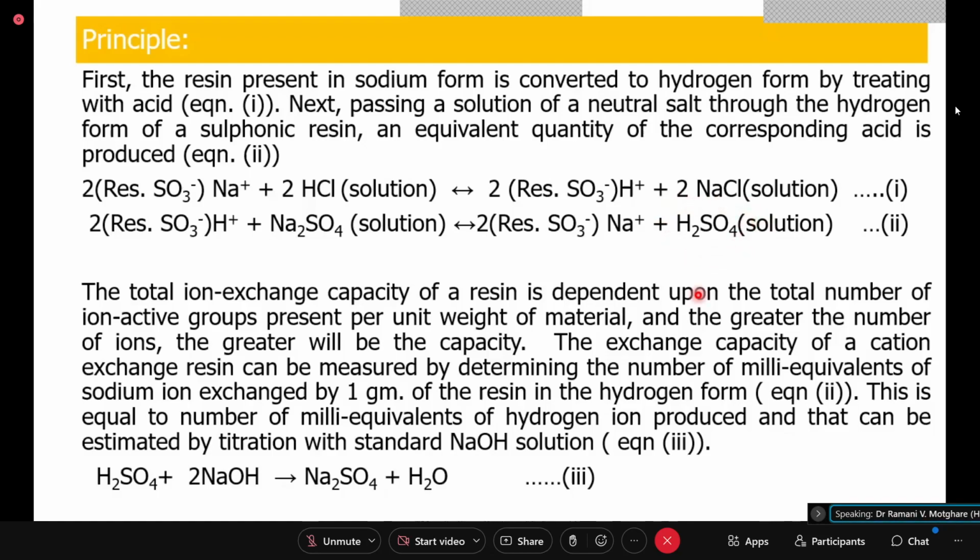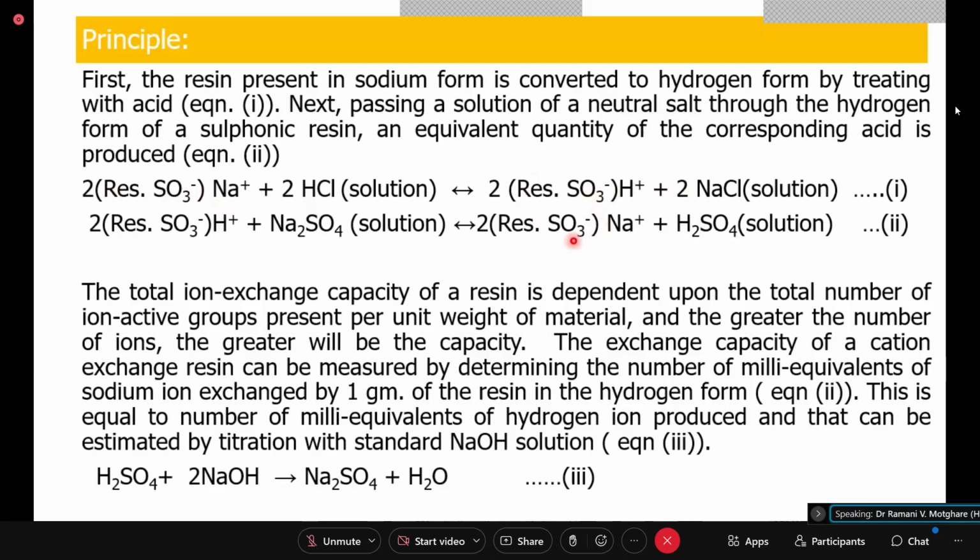So your principle is, first the resin in sodium form is converted to hydrogen form by putting it in 2 normal hydrochloric acid, and then you have to remove this acid and put the resin, which is in hydrogen form, into a column.